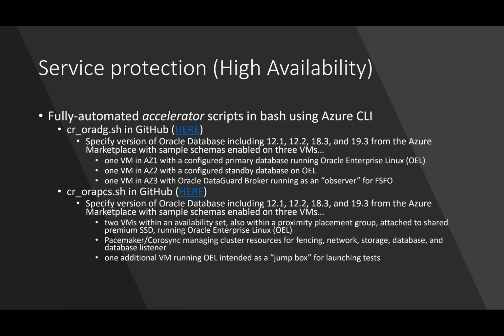There's an additional VM that I create mainly as a jump box for launching tests. It's a very small VM, so you can check connectivity and do testing with. But those 2 scripts should give you quite a bit of playtime within Azure.